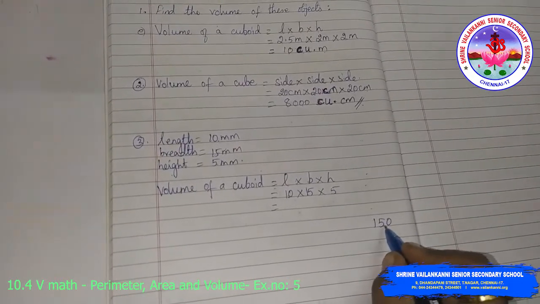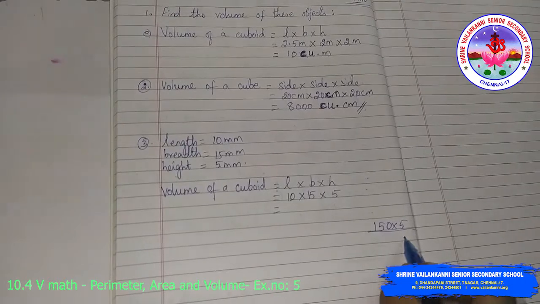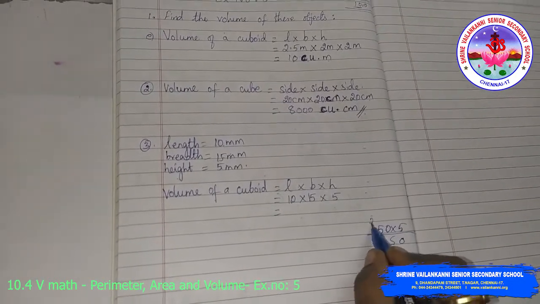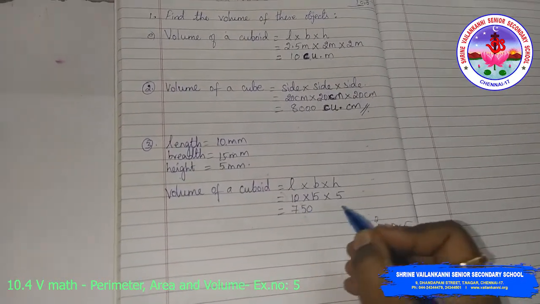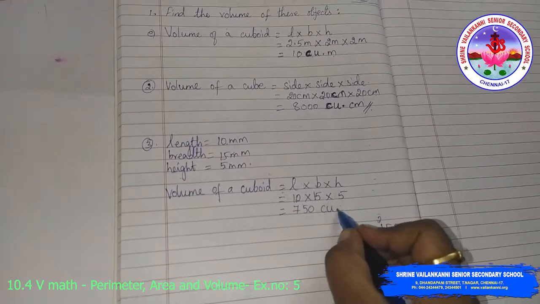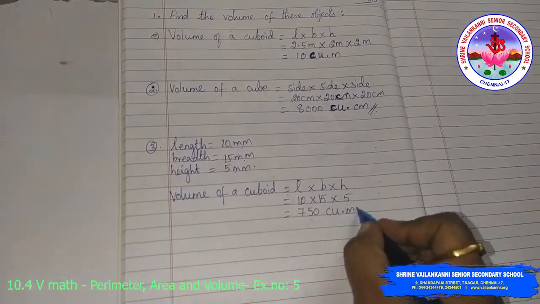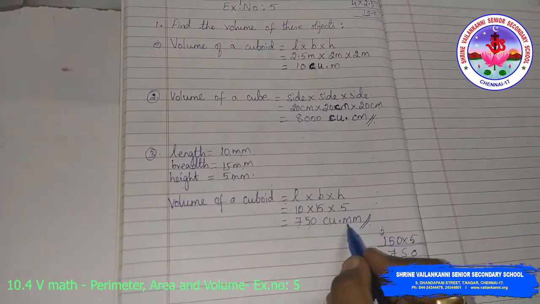With this, 150 into 5: 5 into 0 is 0, 5 5s are 25, 5 into 5 plus 2, 7. So 750 cube. What unit is given? Millimeter. So here also millimeter. The answer is 750 cube millimeter.